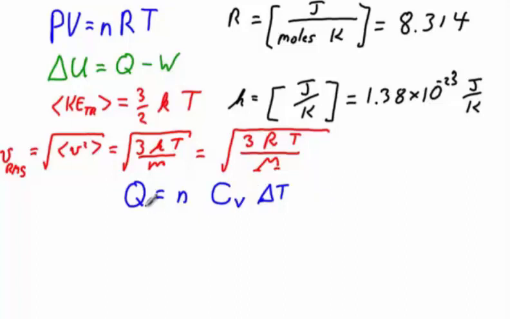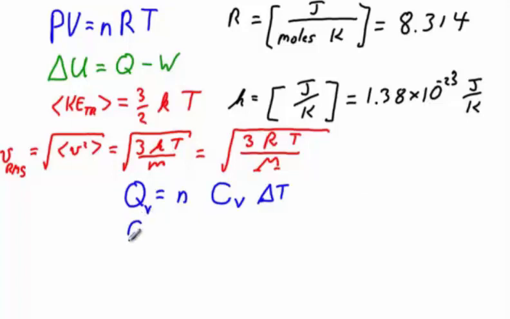I can denote this by Q subscript V on the left, which is the amount of heat that flows into our ideal gas when the volume is held constant. If, on the other hand, we hold the pressure constant, let's imagine that for a moment. As you increase the temperature of a system, you might expect that the pressure would increase. However, if we allow the system to change its volume, we can maintain the same pressure during the process, meaning that some of the energy went into increasing the volume, thereby doing work.